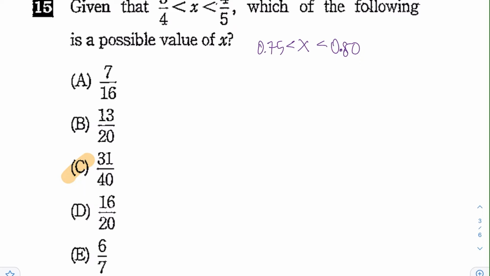So some of these you can eliminate because they are nice fractions. If you multiply choice B by 5, for example, you get 85 over 100, or 0.85. That's outside the range, so that's wrong. For choice D, if you multiply by 5, you get 80 over 100.